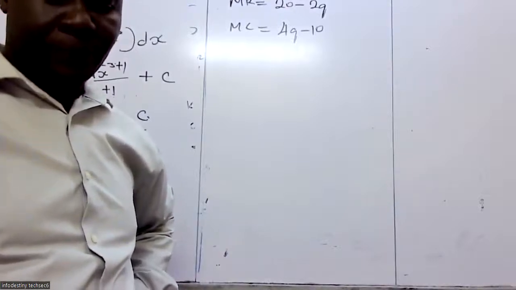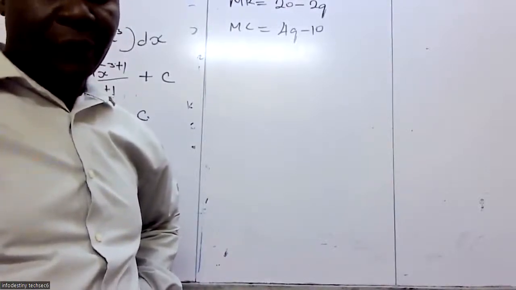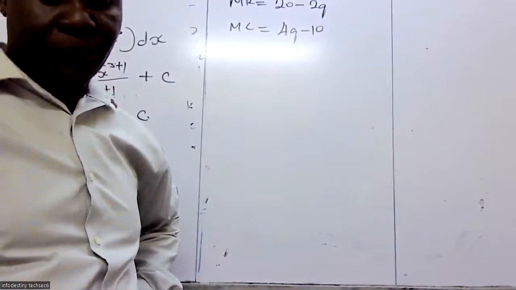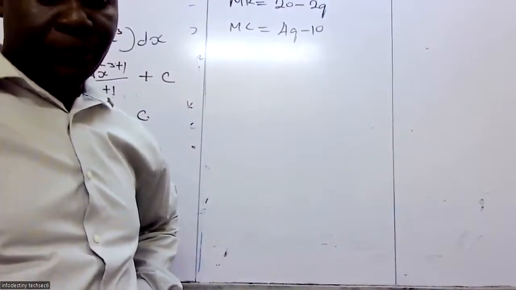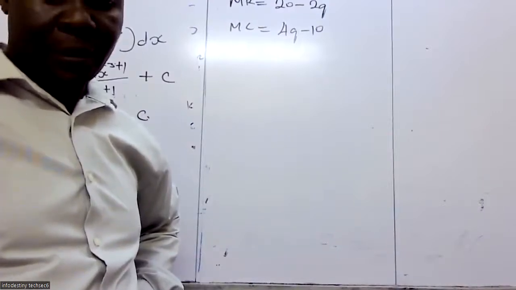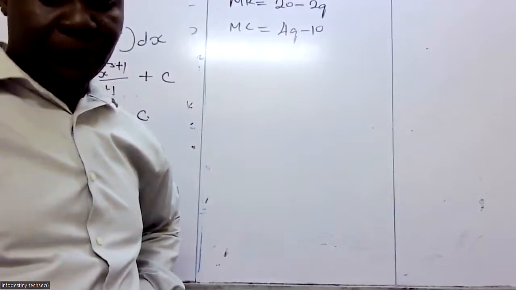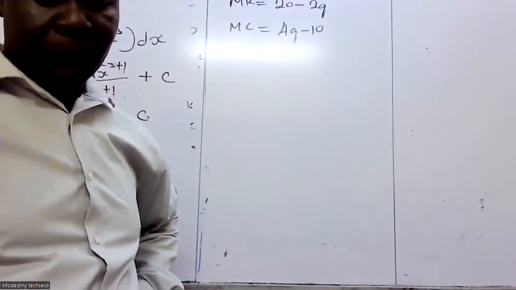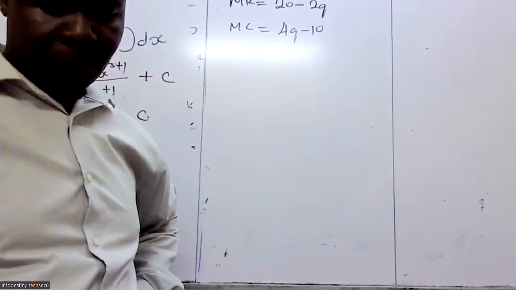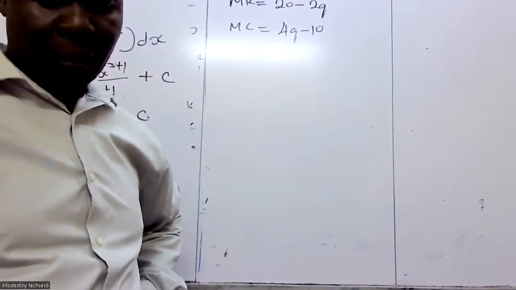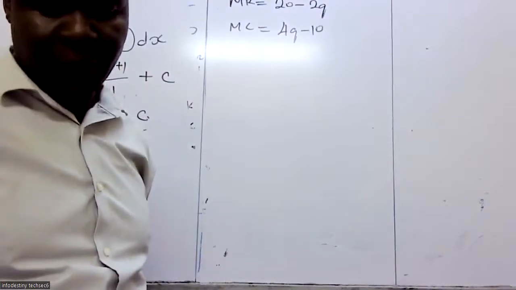Required: A, total revenue. B, total cost. And C, profit function. Then we continue.